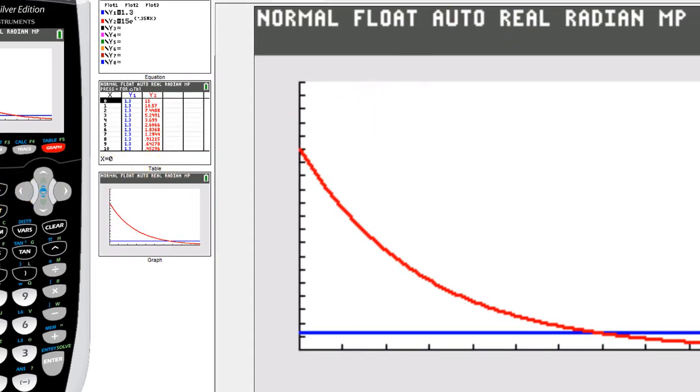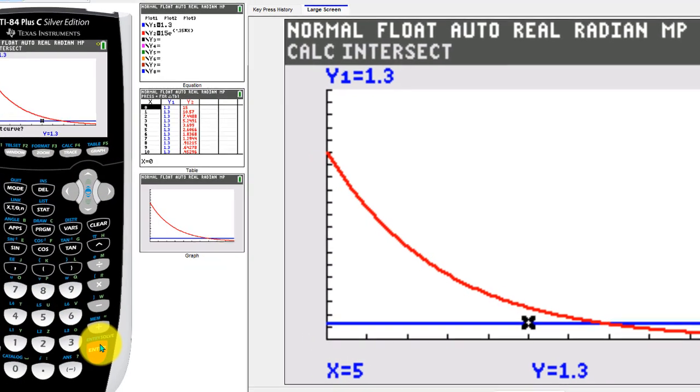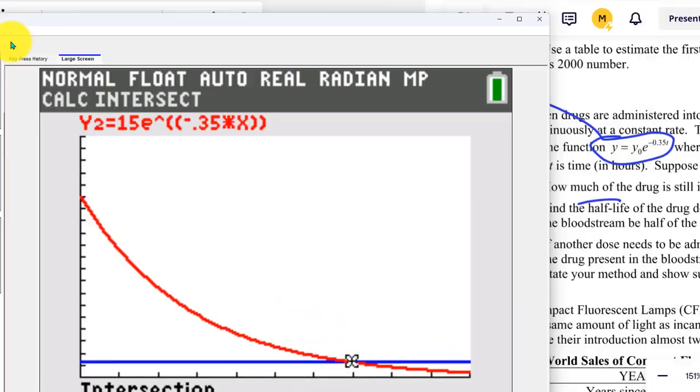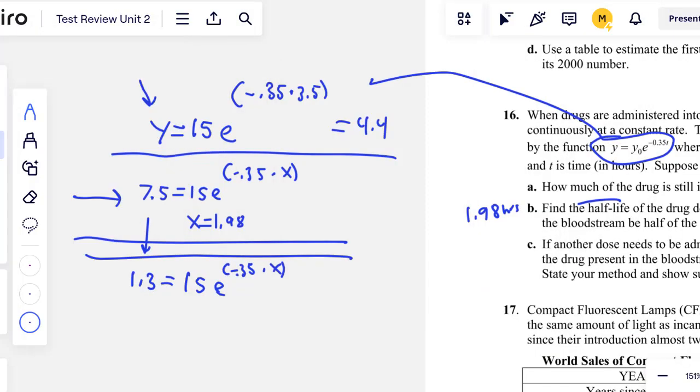All right, and now if I press second, trace, number 5, enter, enter, enter, it looks like I get 6.99. So 6.99 hours, so we'll call it 7. So in 7 hours, you should administer the drug. Here we end up getting x equals, I rounded to 7 hours.